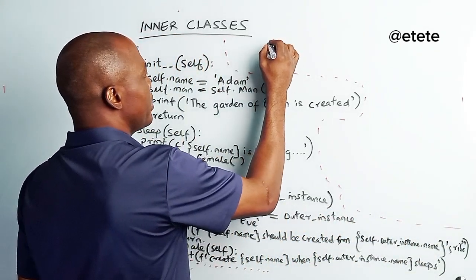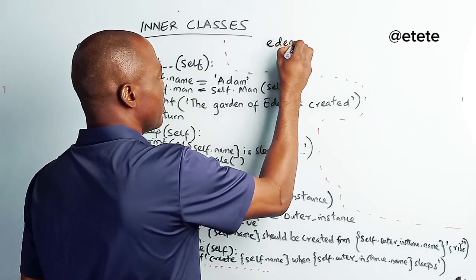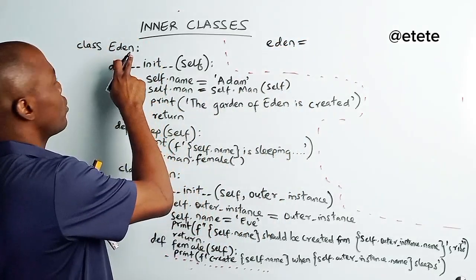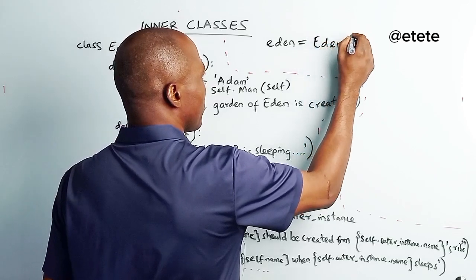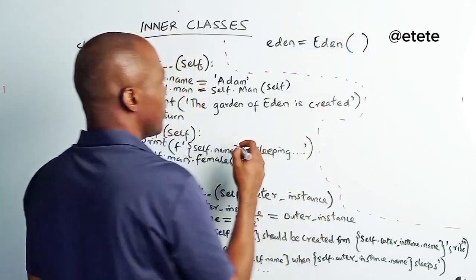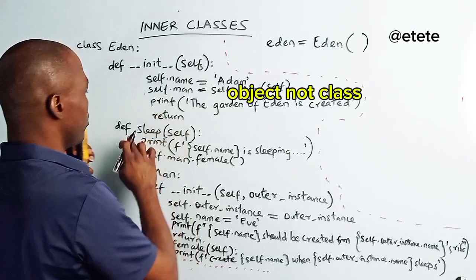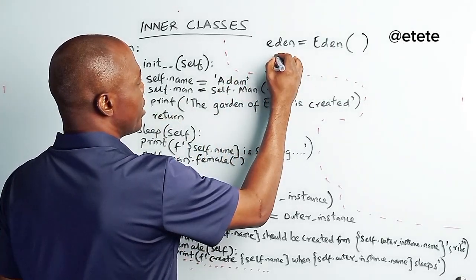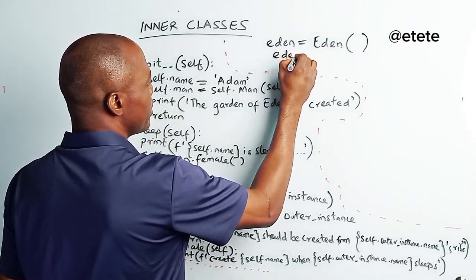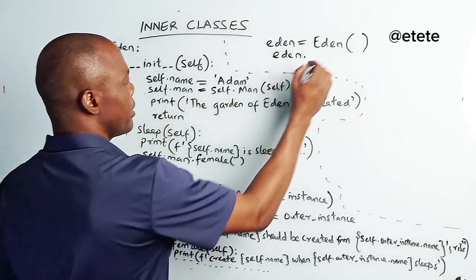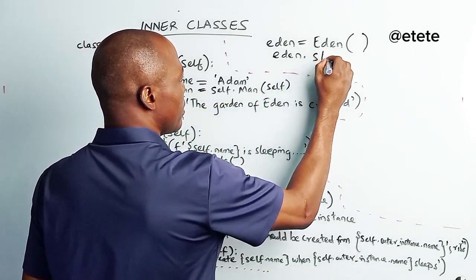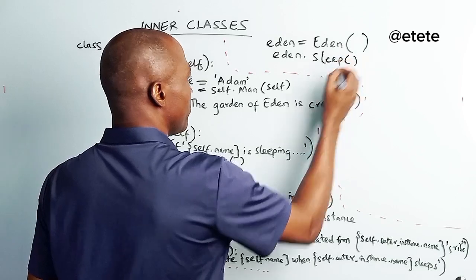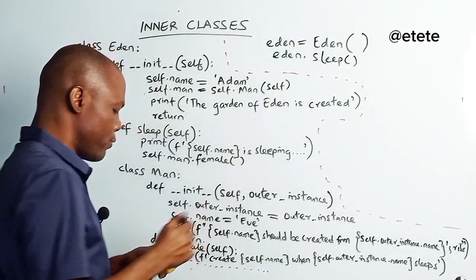Then I will say hidden, then I'll call this constructor. Then I will use this object now to call this sleep method. So I can now say hidden.sleep. So what will this give to me?